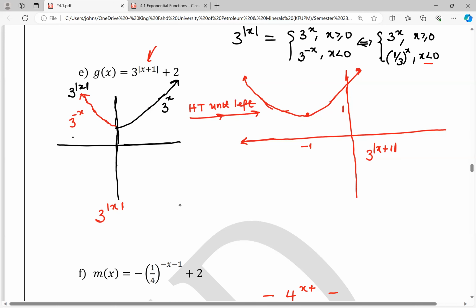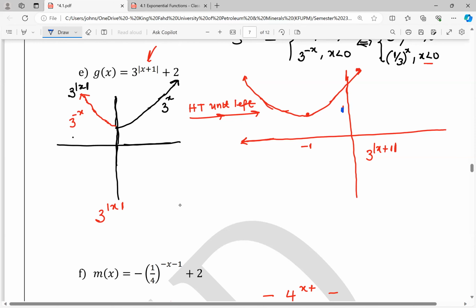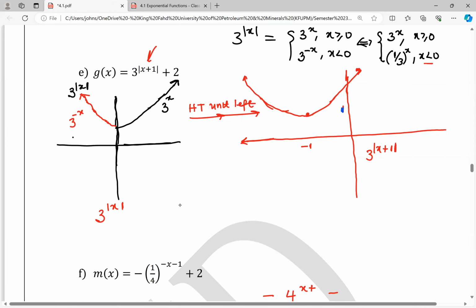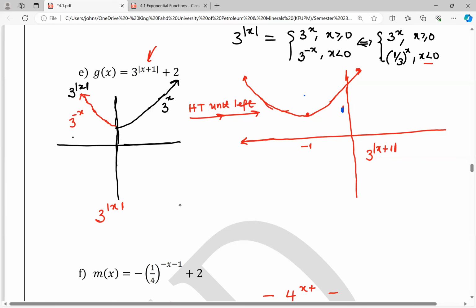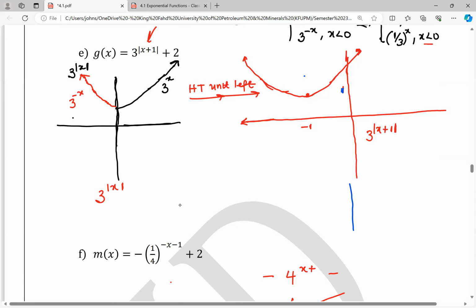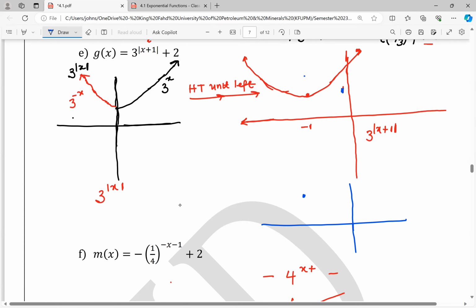Look, the y value here is 1, so instead of having it at 1, you move this point 2 units up, so it goes to 3.